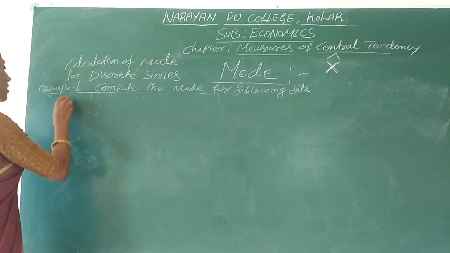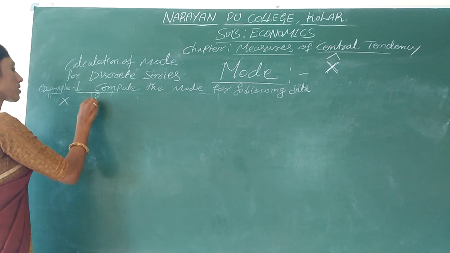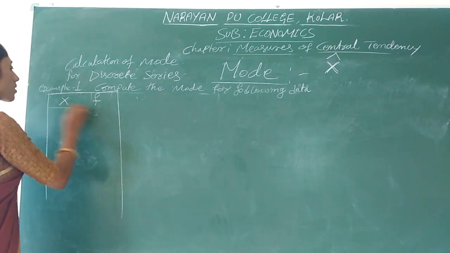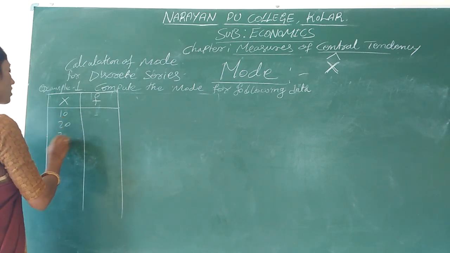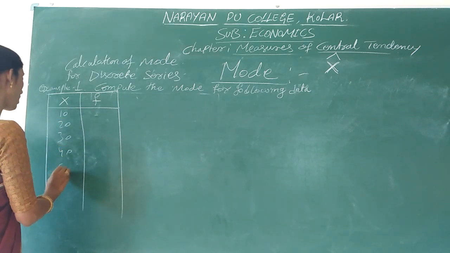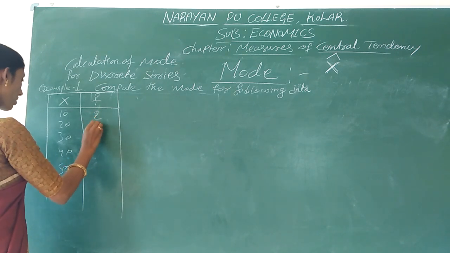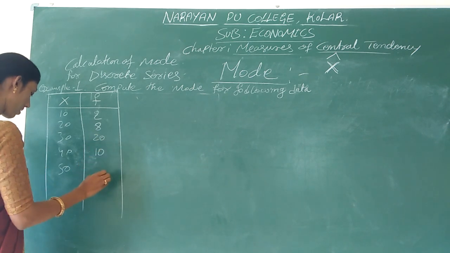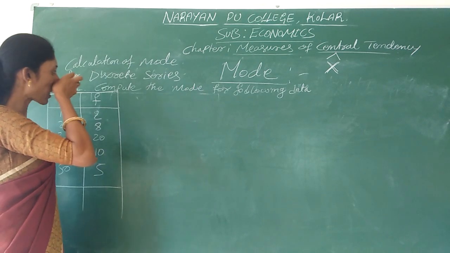For the variables we will give x and for the frequencies we will give f. 10, 20, 30, 40 and 50. Values are 2, 8, 20, 10, 5. This is the data.